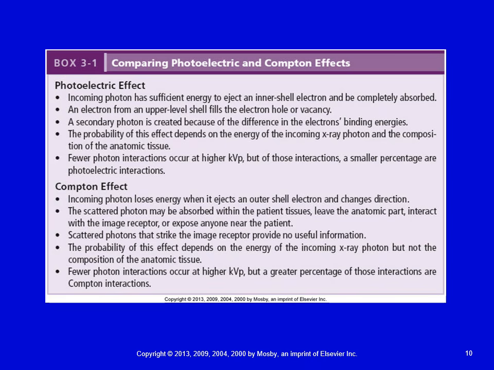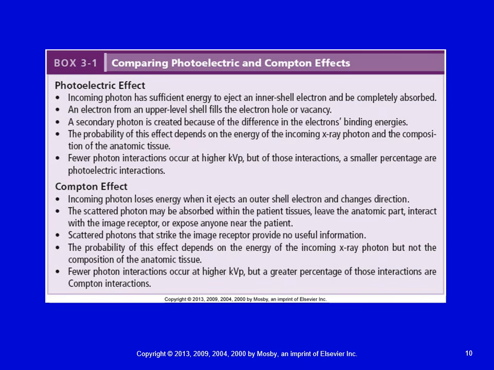So as a result of that vacancy, we will then start to see outer shell electrons dropping in to fill the inner shell vacancies. They'll continue dropping into the vacancies until all of the inner shells are filled. As a result, they give off or release a small amount of energy when they're doing that.